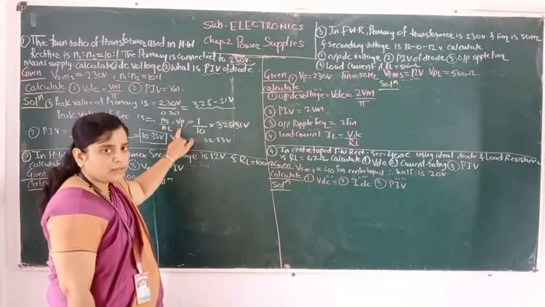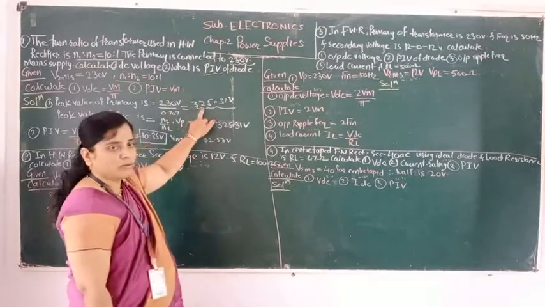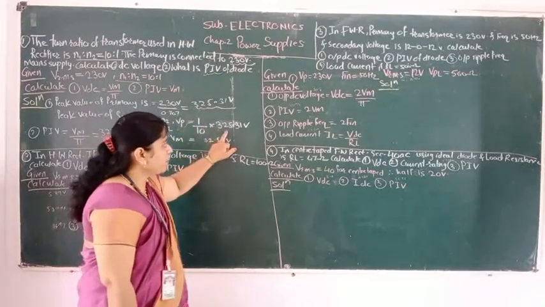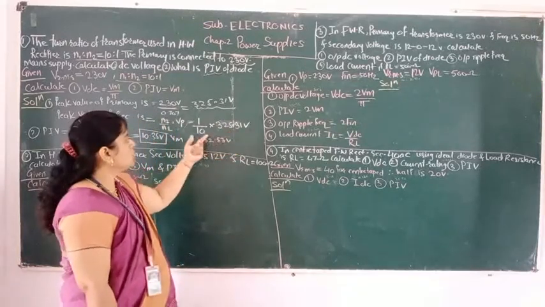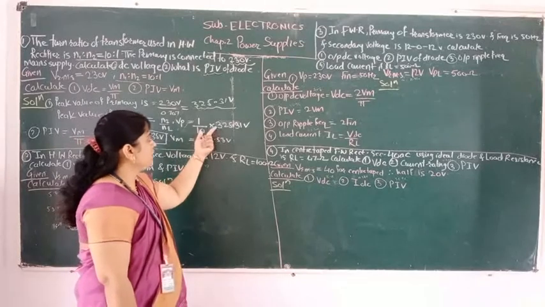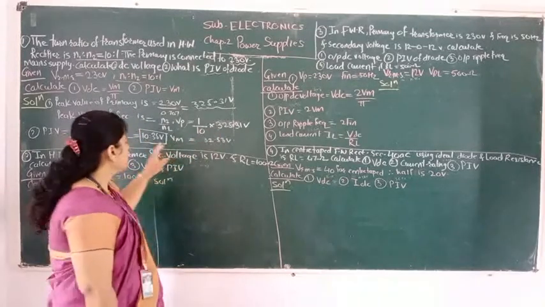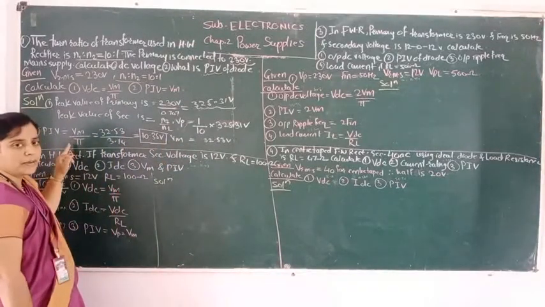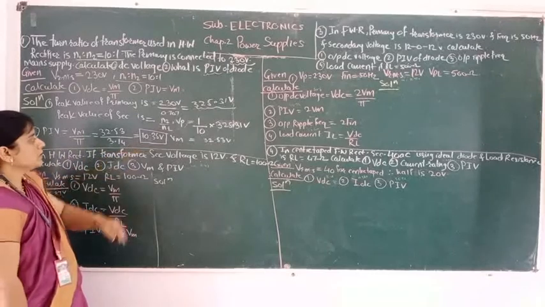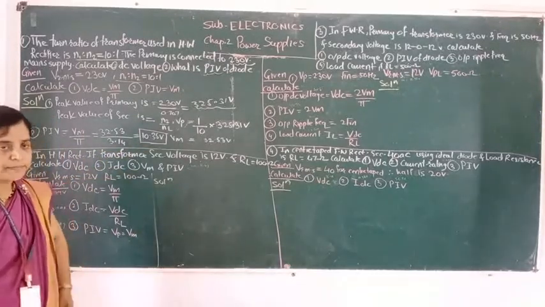It is the primary voltage that we calculated, 325.31 volt. So after multiplication of this, we can get 32.53 volt. Okay. So second is PIV. PIV is nothing but the Vm divided by pi, and it is 10.35 volt. All of you clear this?